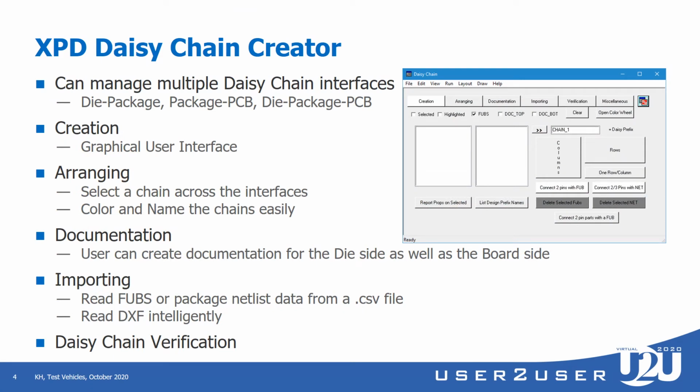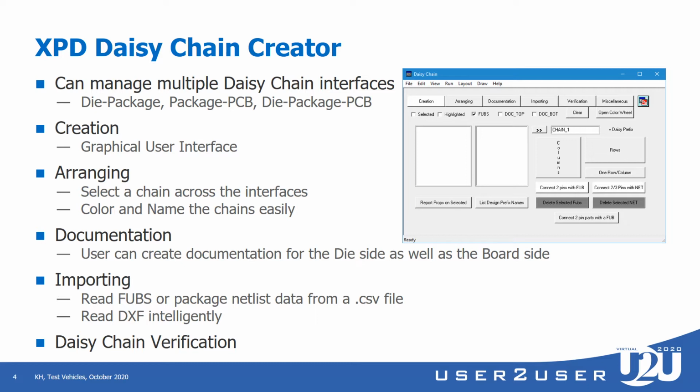So with XPD, you have the daisy chain creator. Like I said, it can manage your die package, your package PCB, or your die package PCB interfaces. So you can have 3 levels, and the package could be an interposer, so it could be die interposer package, but it handles 3 levels. It handles external connections above what you're working on and external connections below what you're working on.